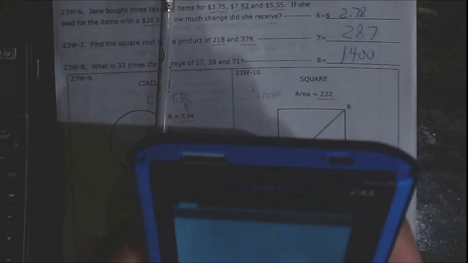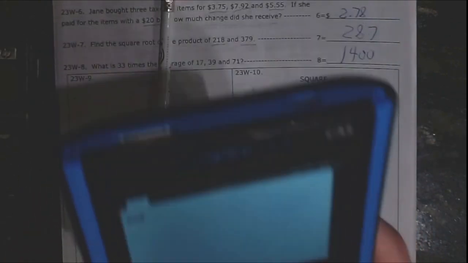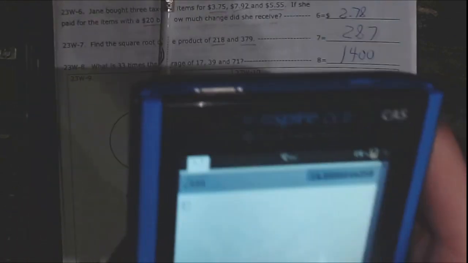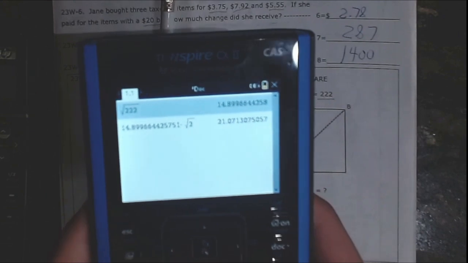So we have our area, 222. Let's just get the square root of that. And now we have our side length. We're going to take that value and multiply by the square root of 2. And we get about 21.1.